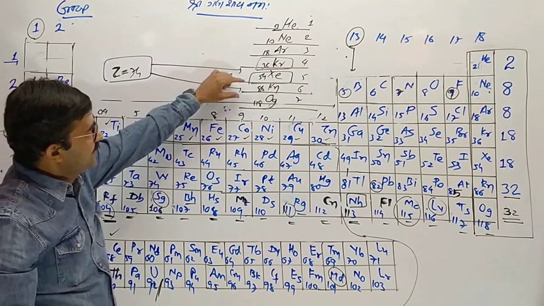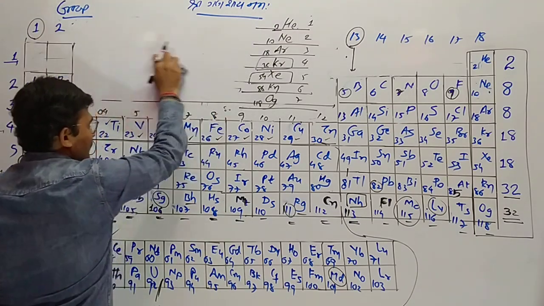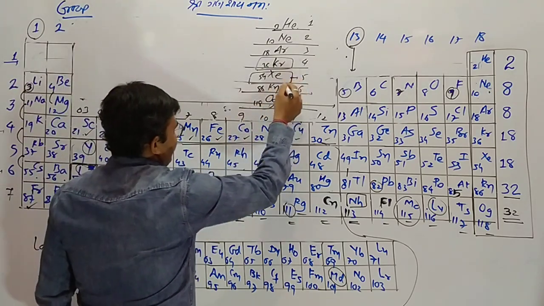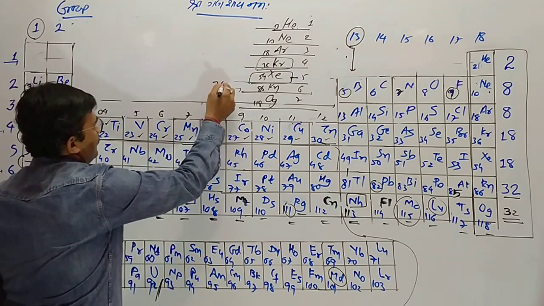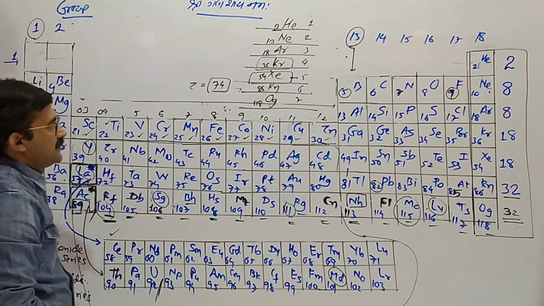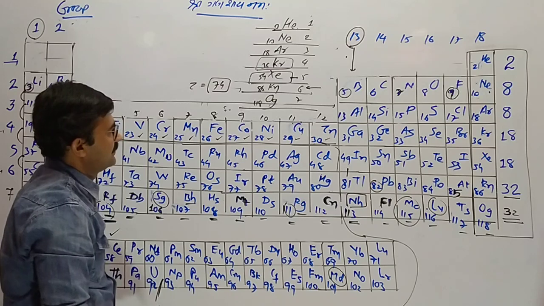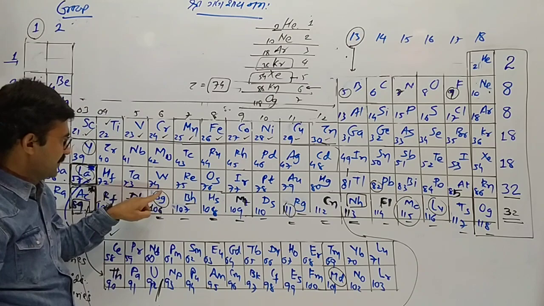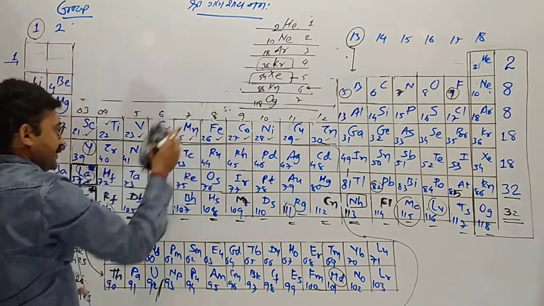So our element lies between xenon and radon, after xenon and before radon. So xenon is completed. Why? The atomic number is 74. So it comes in the sixth period. Yes, sir. So you can see, 74, sixth period. Understood?